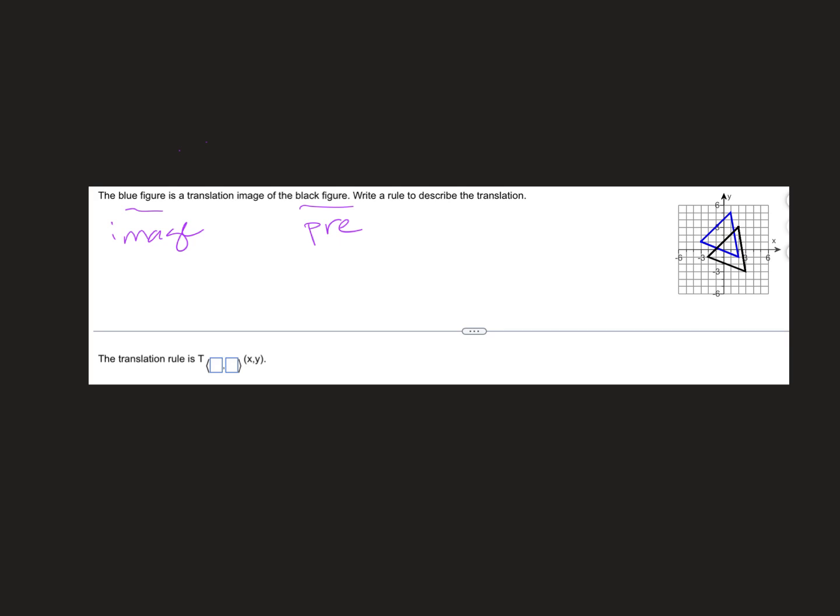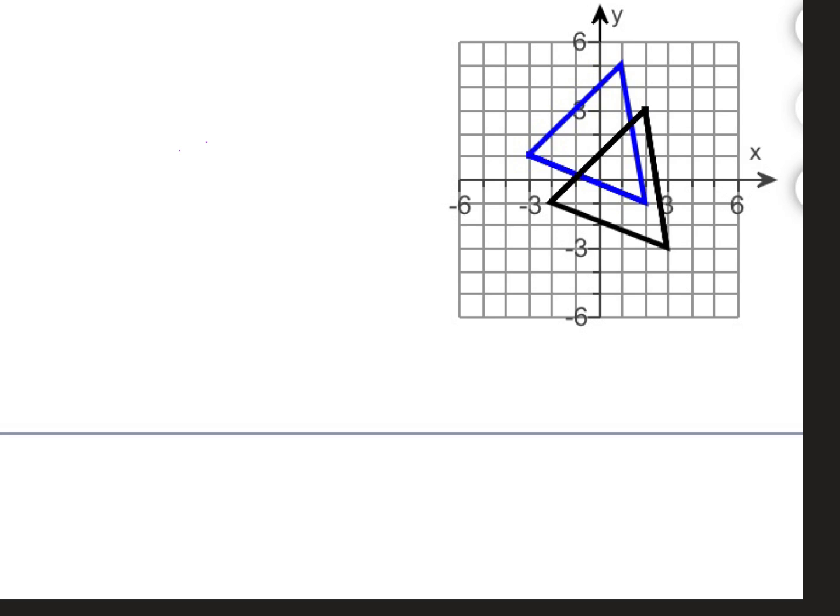And then we need to figure out how it moves to go to the blue one. I'm going to take any point and count how it changes. So let's see. I'm going to take this black point right here. I'm not even going to worry about ordered pairs. I'm just going to say it goes up 2.